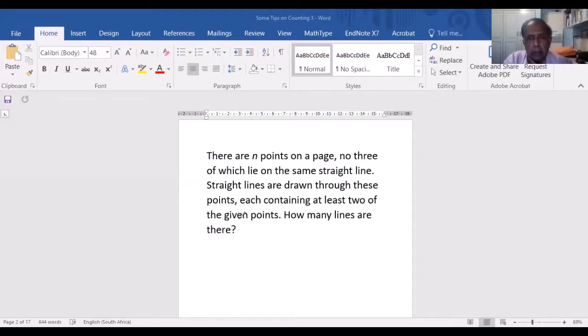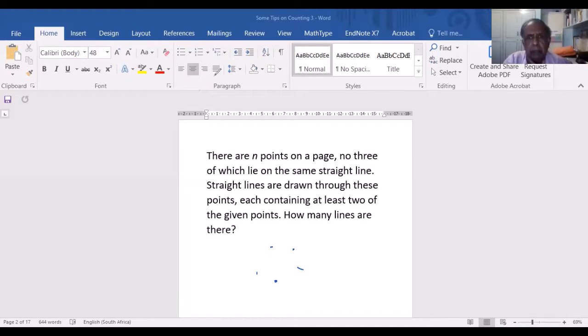All right, so the question says you've got several points and you want to find out how many lines there are that connect these points. No 3 of these lie on the same straight line.